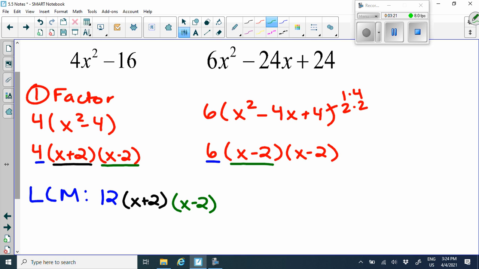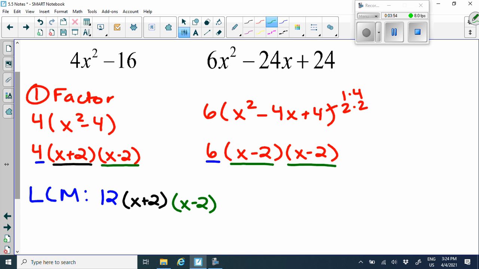But now notice, on my other expression, I have 2 of them, okay? So when both expressions have the same factor or number or terms, it has to be part of the least common multiple. But if one of the expressions has more of that term, you need to include that in the least common multiple. Basically, the least common multiple is going to have everything that you see from the first expression and the second expression.